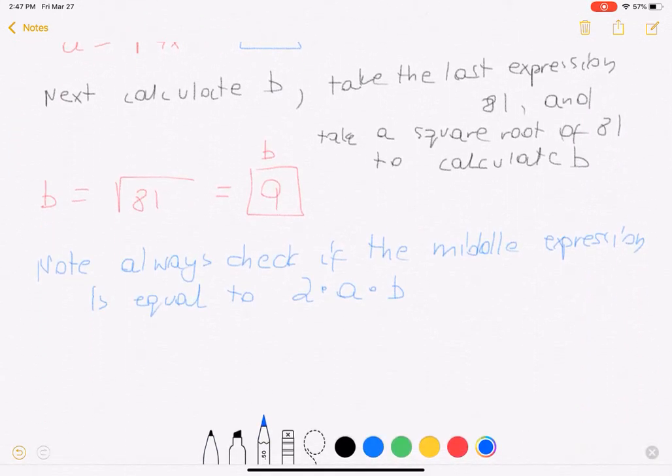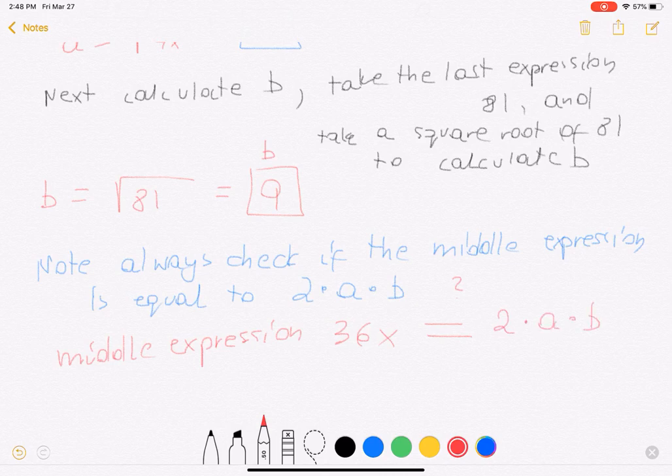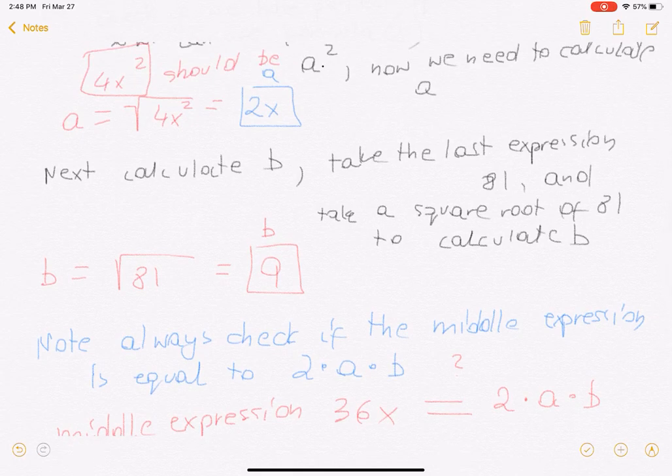So the middle expression, which in our case is 36x, should be equal to 2 times a times b. Again, a is equal to 2x in this example, and b is 9.